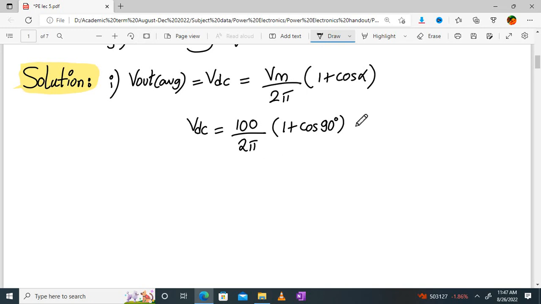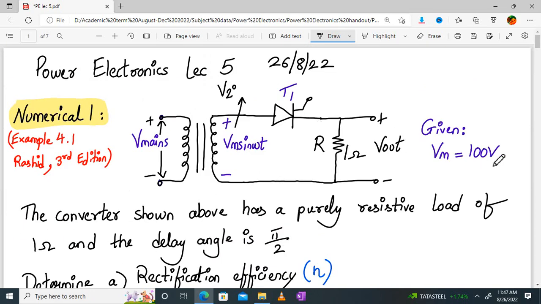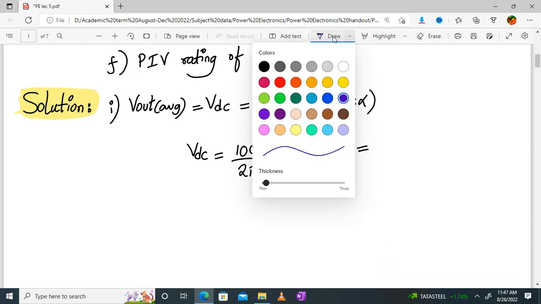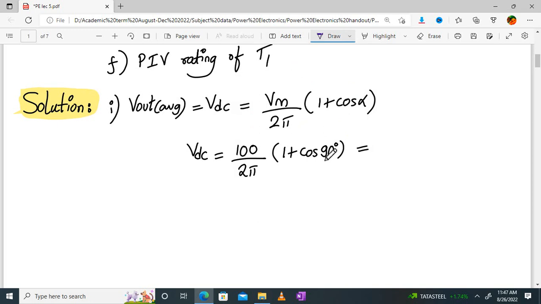Vm is given directly, 100. Cos 90 is basically 0 if you substitute in a calculator.